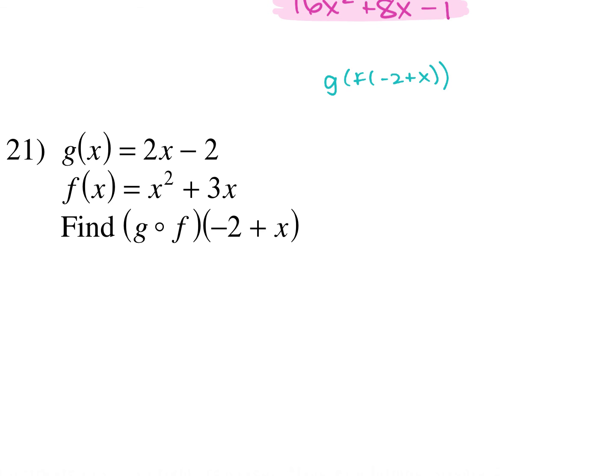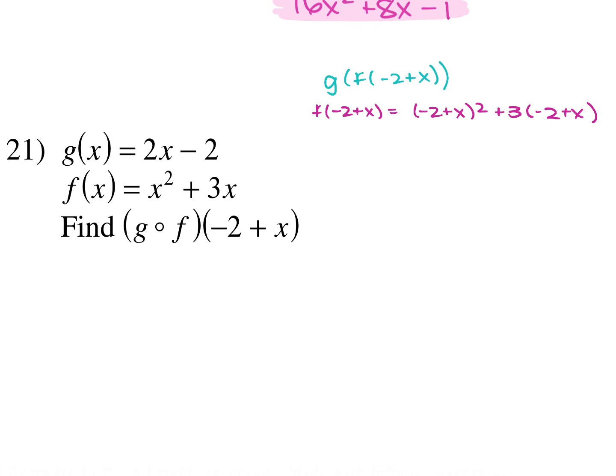So let's do f of negative 2 plus x first. That's going to give us negative 2 plus x squared plus 3 times negative 2 plus x.